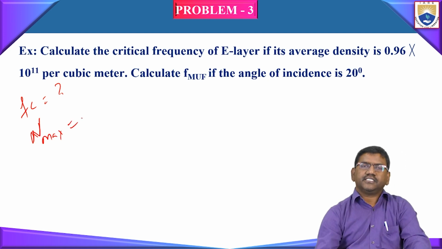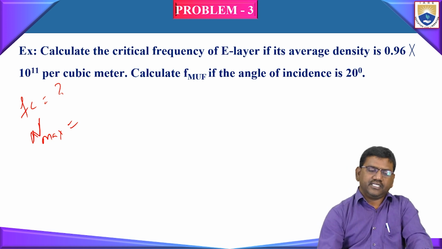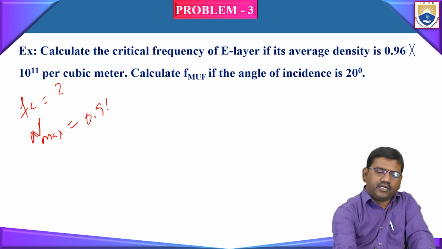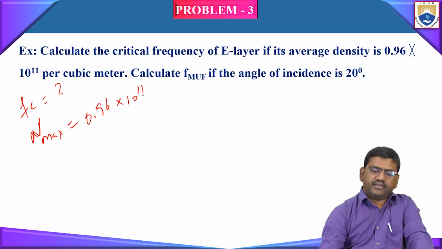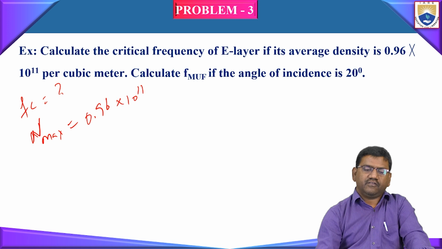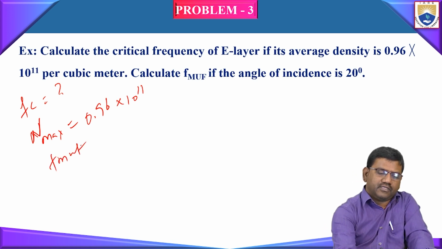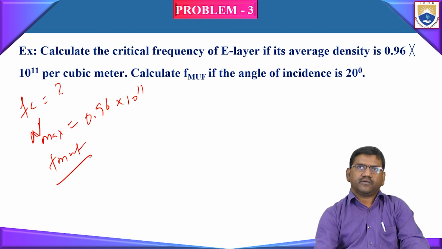N stands for density, so the maximum ionization density or average density is given as 0.96 into 10 power 11. From this value we should find the critical frequency, and also the MUF. So there are two things to be determined in this problem.